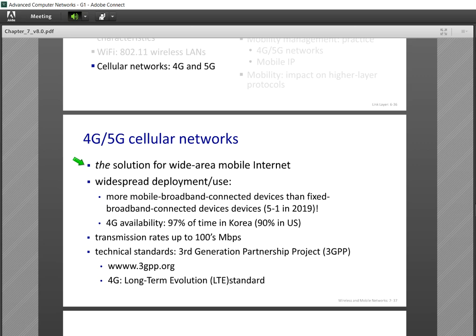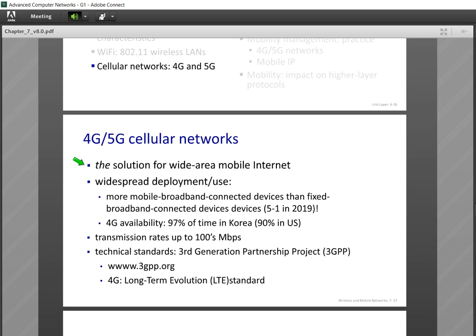That means that I can move freely inside a network, inside a cell, or depart one cell and arrive at another cell. The cellular technology today is deployed widespread. It's deployed in most of the places in the world.